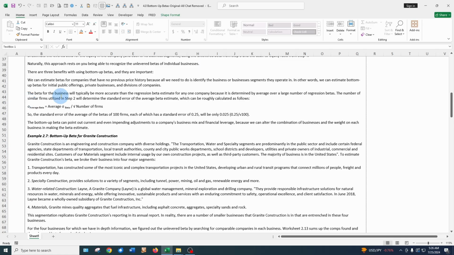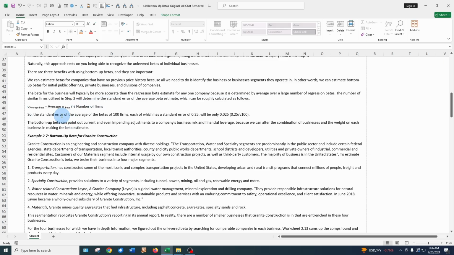The beta for the business will typically be more accurate than the regression beta estimate for any one company, because it is determined by averaging over a large number of regression betas. The number of similar firms utilized in step 2 will determine the standard error of the beta, which can be roughly calculated as follows: the standard error of the average beta is equal to the average standard error divided by the square root of the number of firms.